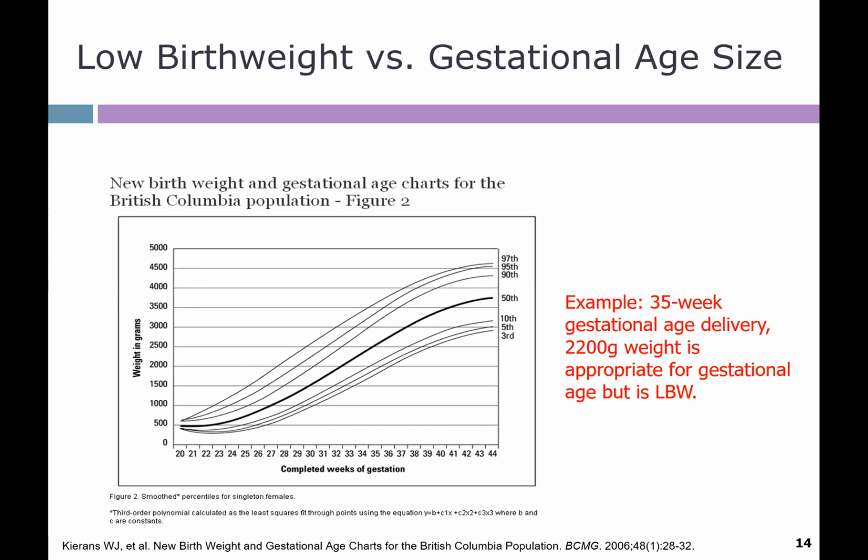So it's above the 10th percentile. According to gestational age, this weight is appropriate. Compared to other babies born at 35 weeks, this baby would be considered appropriate for gestational age.